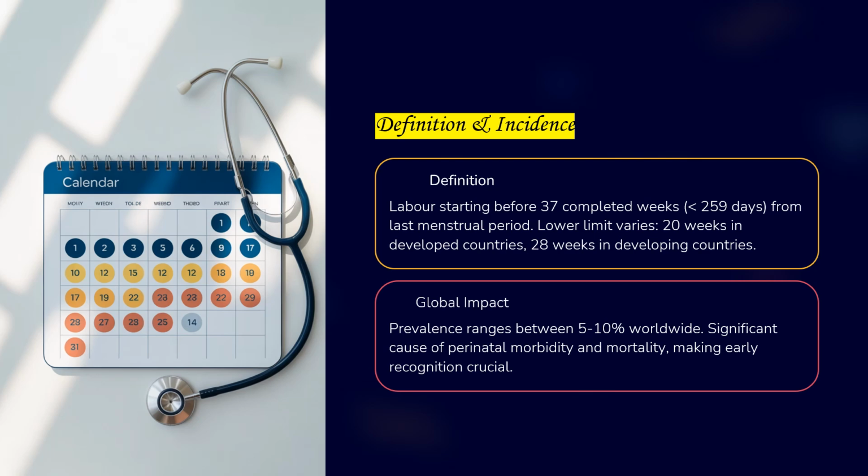And the lower limit for the developed country is 20 weeks and for the developing country it is 28 weeks. Coming to the incidence and prevalence. The prevalence ranges from 5 to 10% worldwide. So that is why it is a significant number which causes perinatal morbidity and mortality.